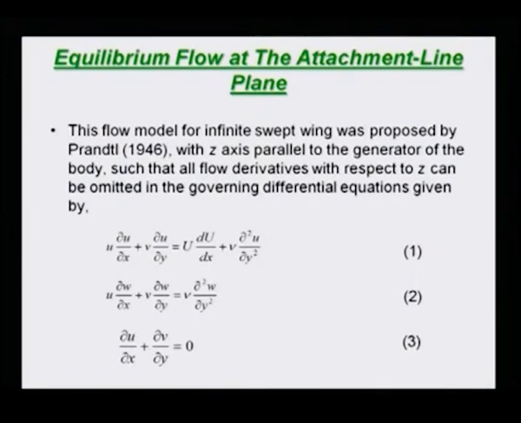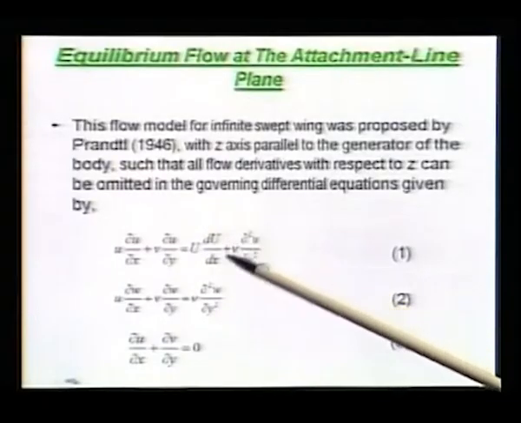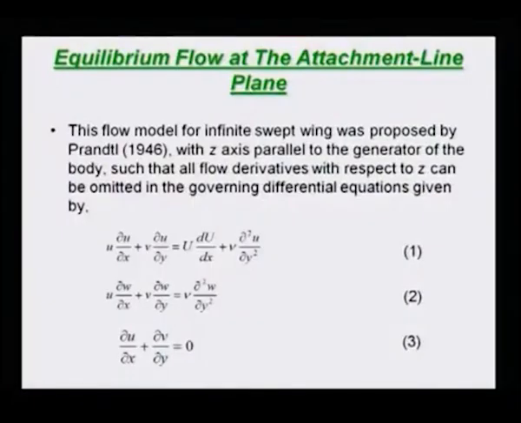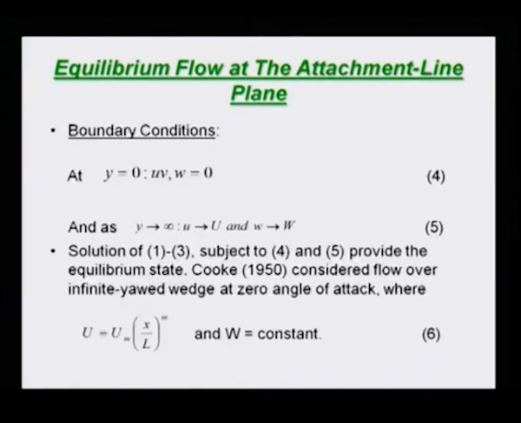So, this is okay. There is no applied pressure gradient in that direction, whatever it is, it is in the streamwise direction, and this is your continuity, and you can very easily see that del w del z is 0 because of the infinite swept assumption, right. So, this is the equation, and now let us go ahead and try to simplify it.